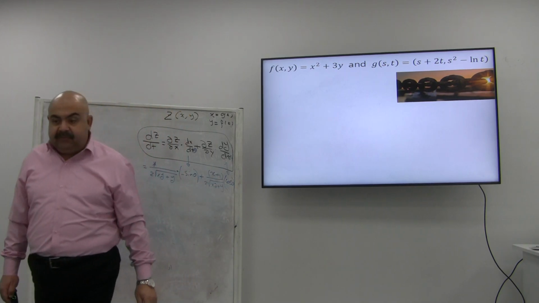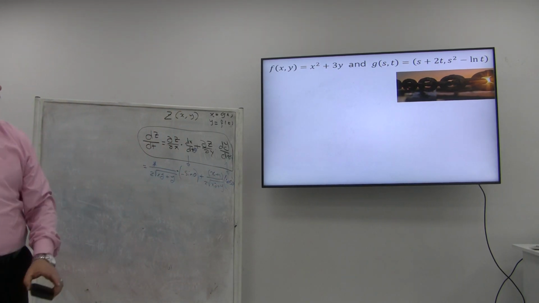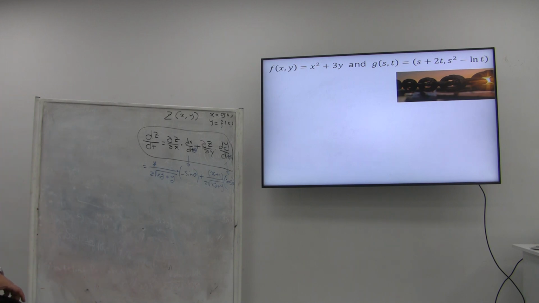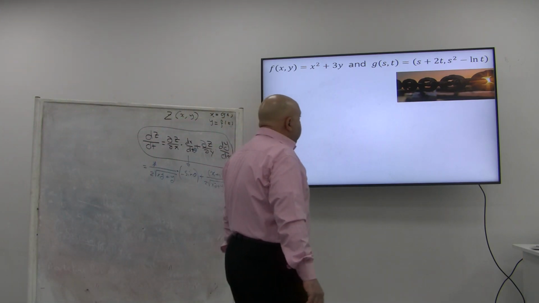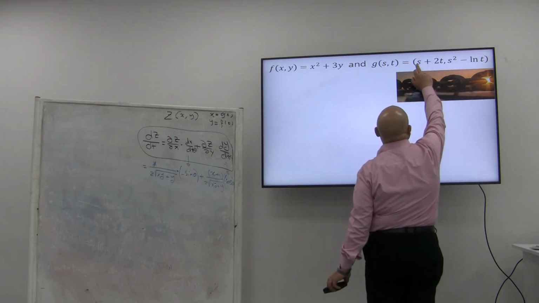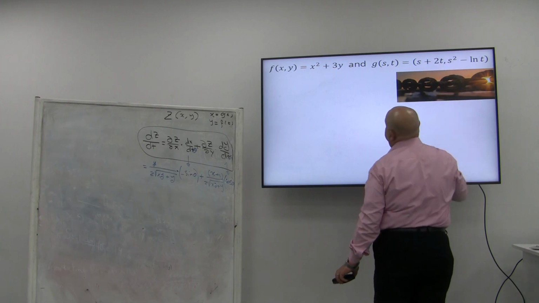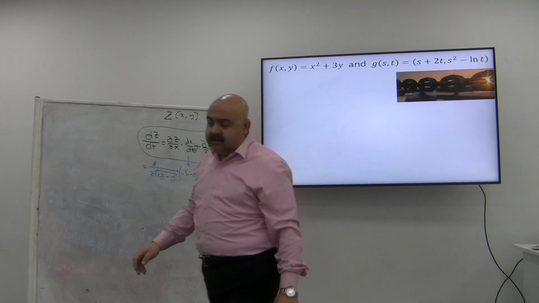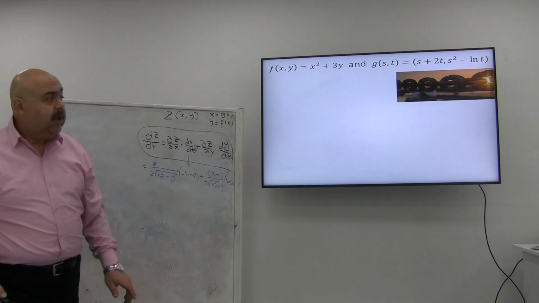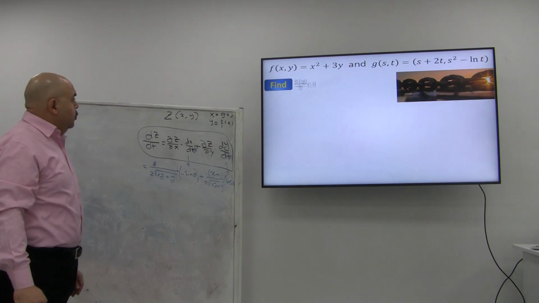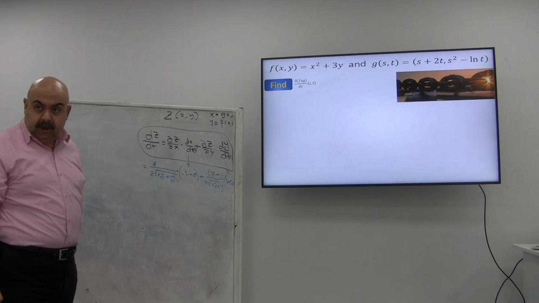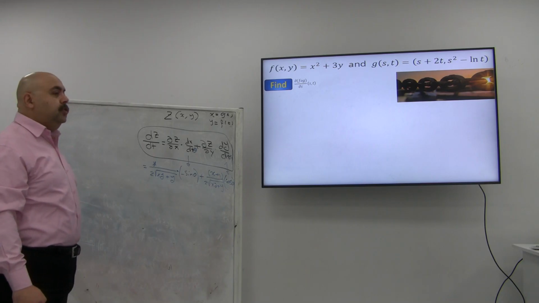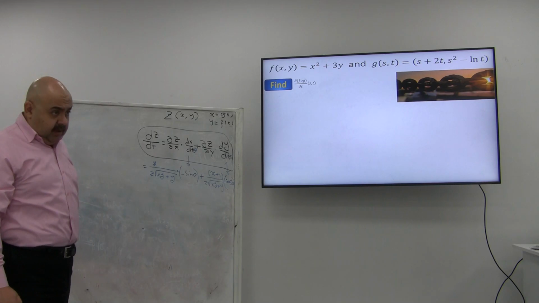I have an f, which is a function in x squared plus 3y, and we have the following. That's g of s and t, s plus 2t, s squared minus ln t. Which means that if we want to find f composite g, it means we are going to use the chain rule.